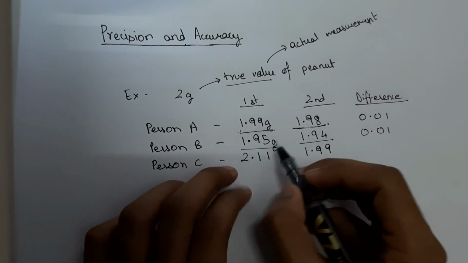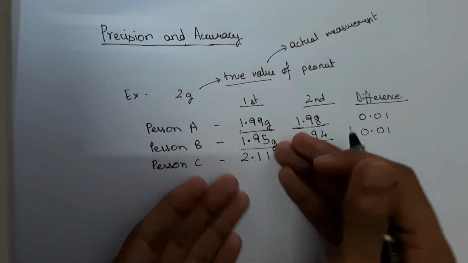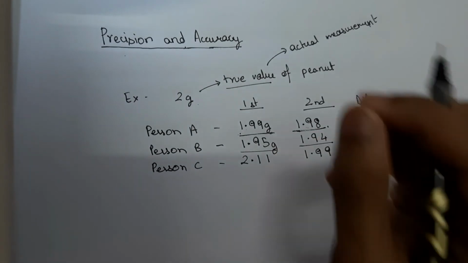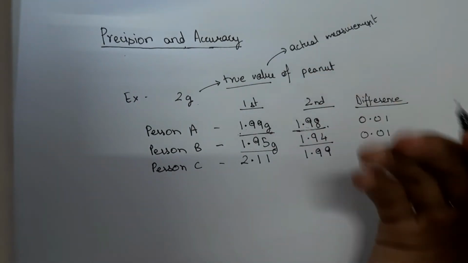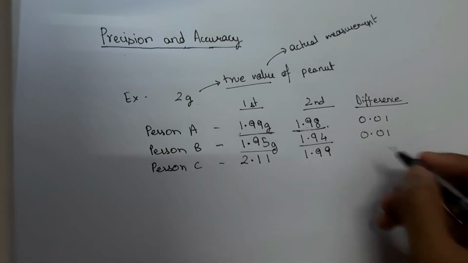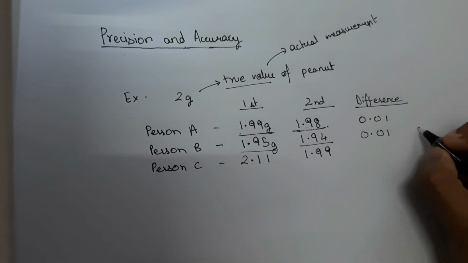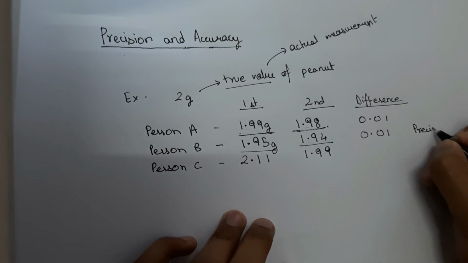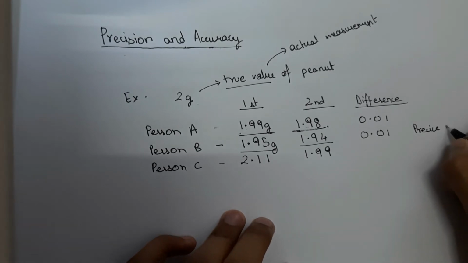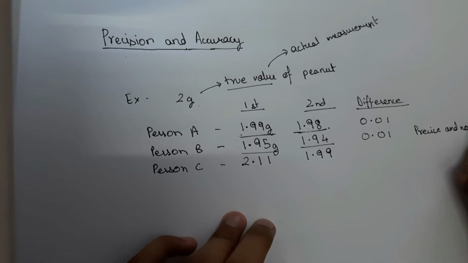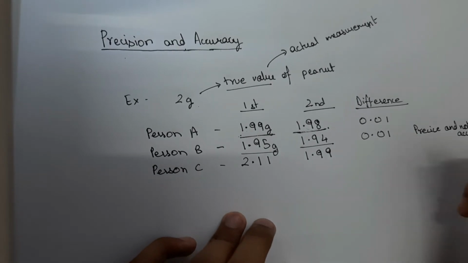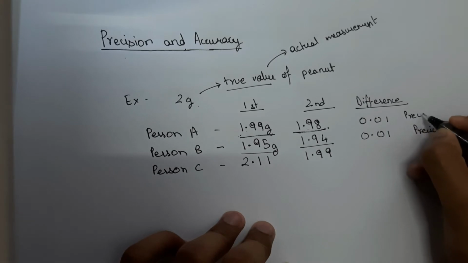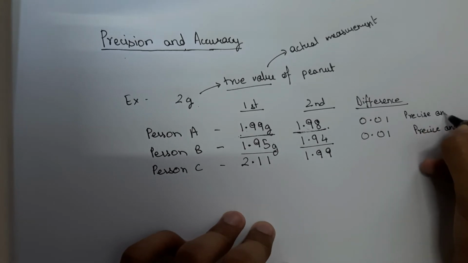But the difference between the true value and the measured values is a bit more. That means it is relatively more than the first person. So we can say that the second person is precise and not accurate, but the first person was precise and accurate.